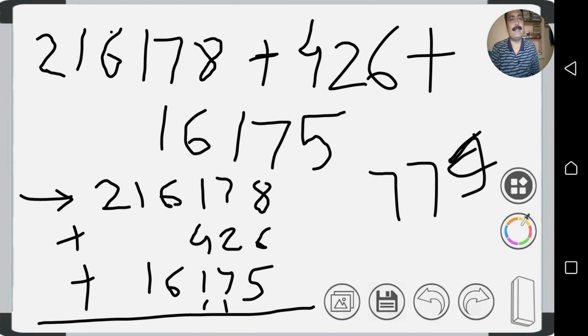We take 7 there. Thereafter 6 plus 6 we got 12. For 12 we write 2, and 1 carry into the next addition. 1 plus 1 is 2, plus 1 is 3 as the next answer, and the last 2 as it is. So the result of the addition of these three numbers is 2,32,779.